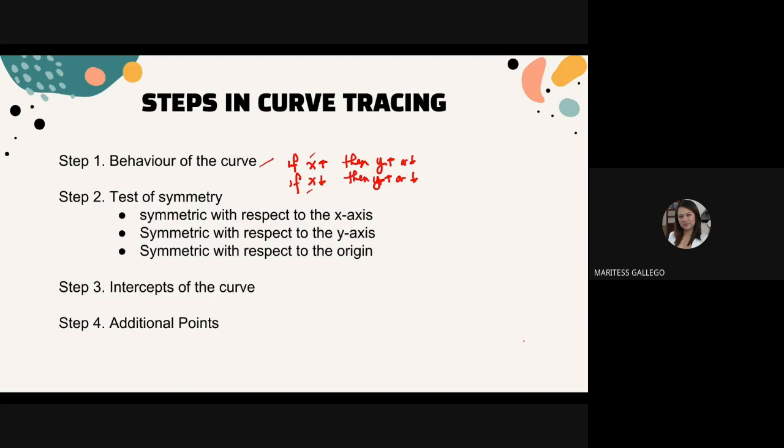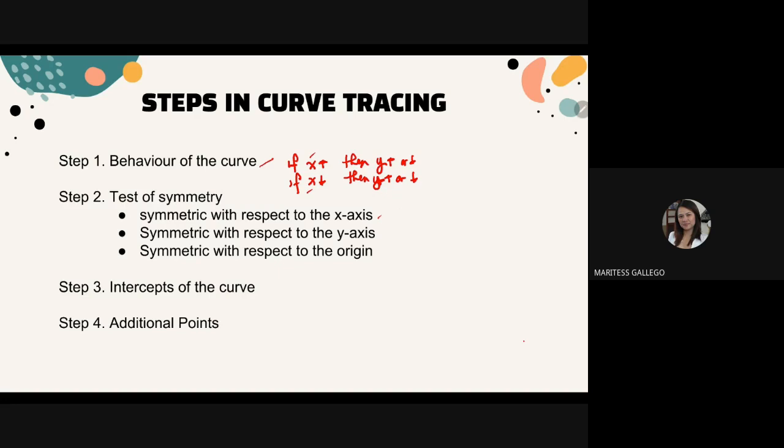After that, you test the symmetry. Symmetry means whatever you see on one side of the curve will also be present on the other side. Symmetry is the mirror image. So with respect to what does it have a mirror image? Is it with respect to the x-axis?